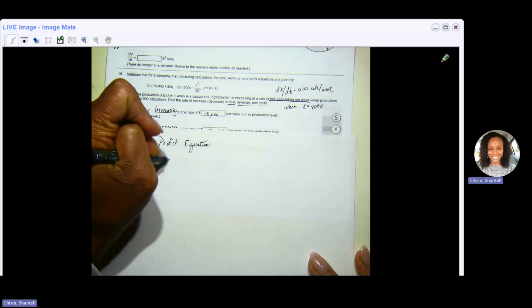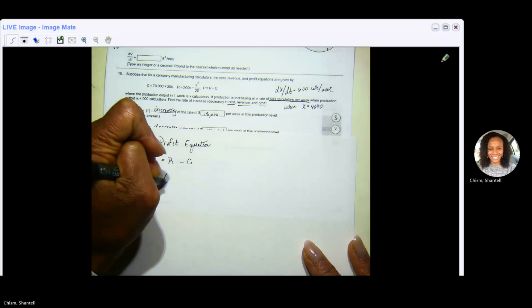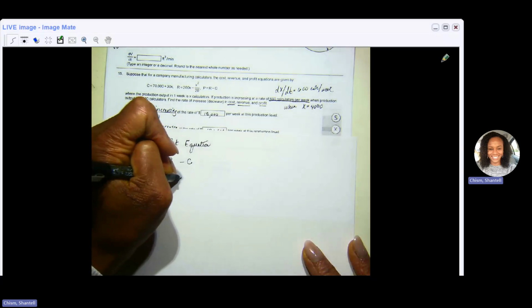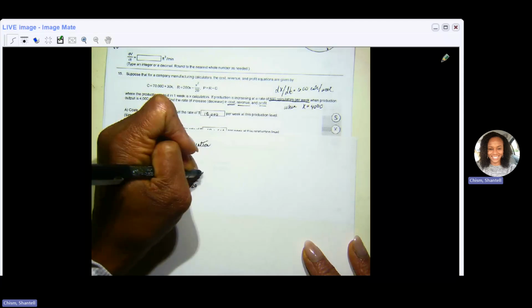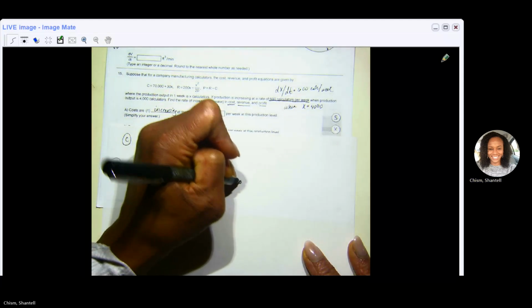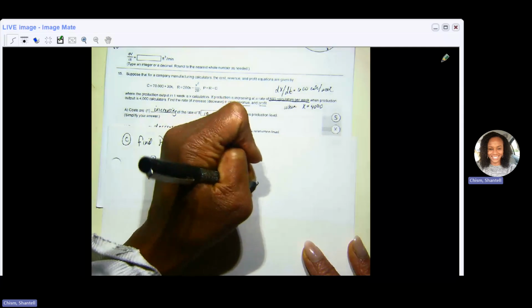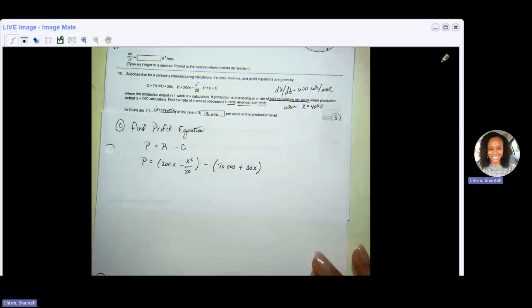So P equals R minus C. So that would be P equals 200x minus x squared over 20 minus 70,000 plus 30x. Okay, so we are just basically subtracting these two functions.